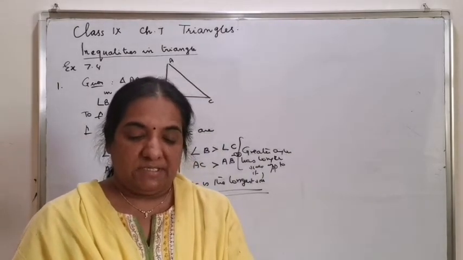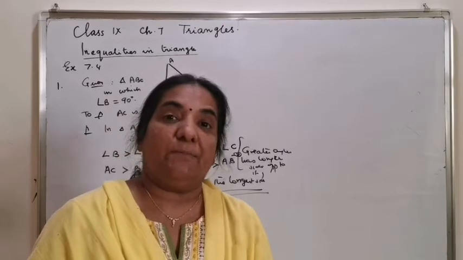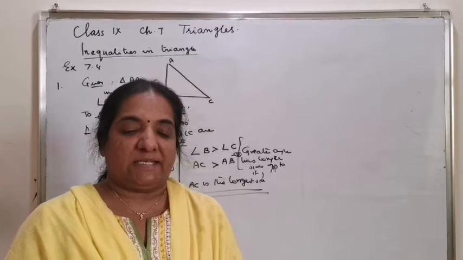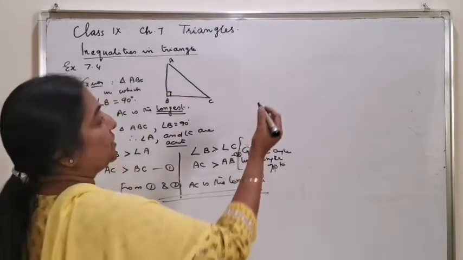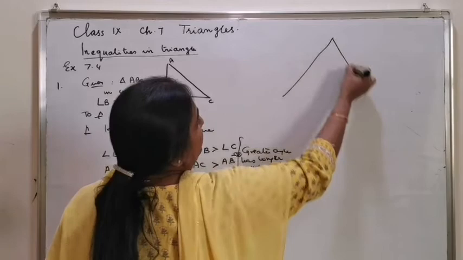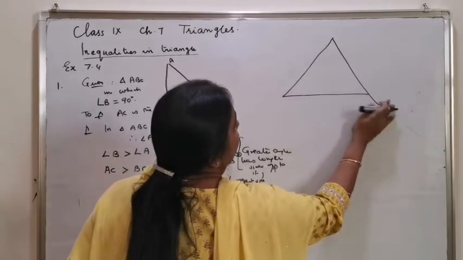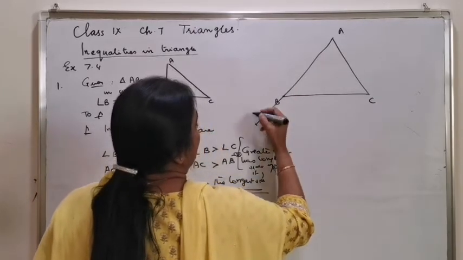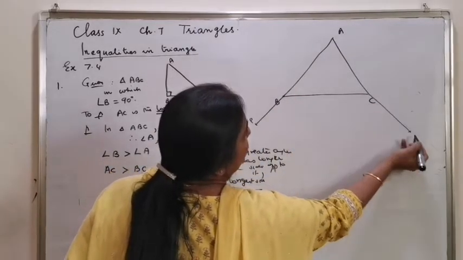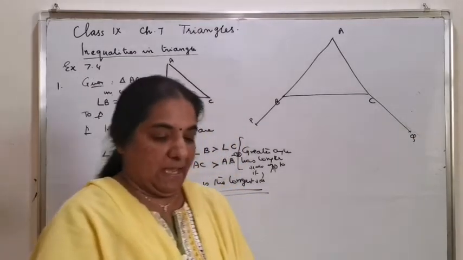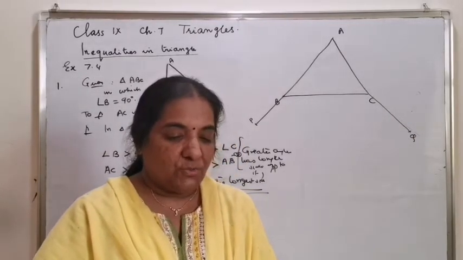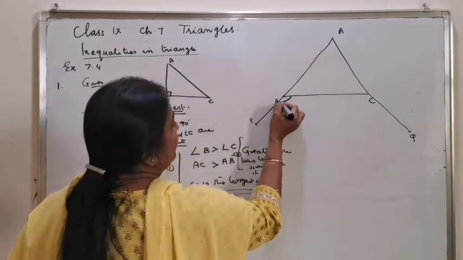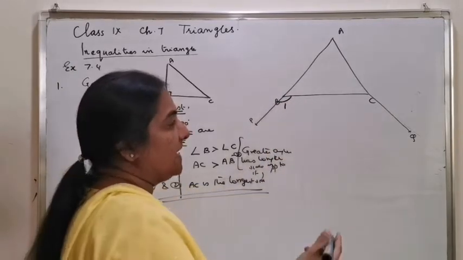The second question in this exercise is question number 2. Sides AB and AC of triangle ABC are extended to the points P and Q. Also, angle PBC is smaller than angle QCB.